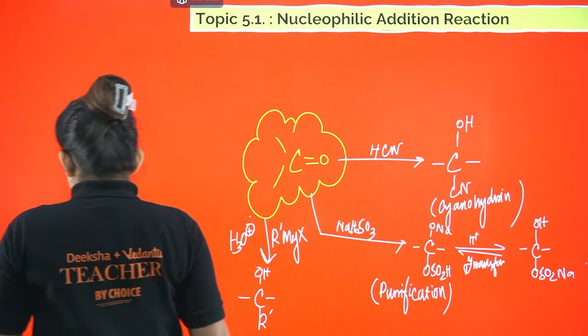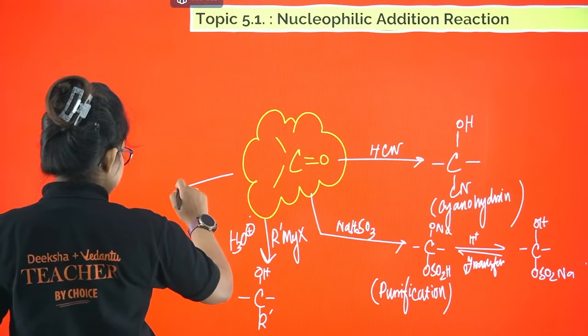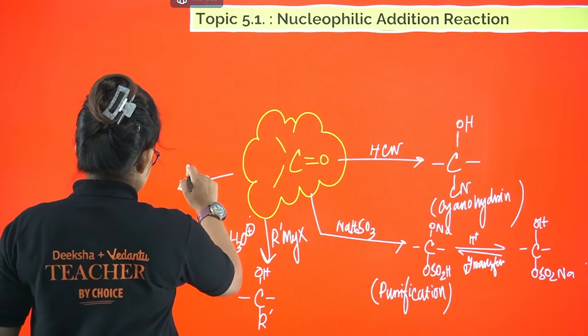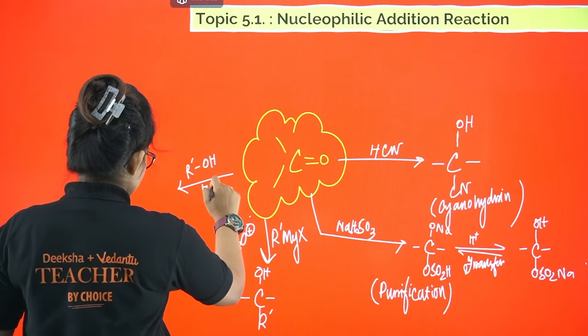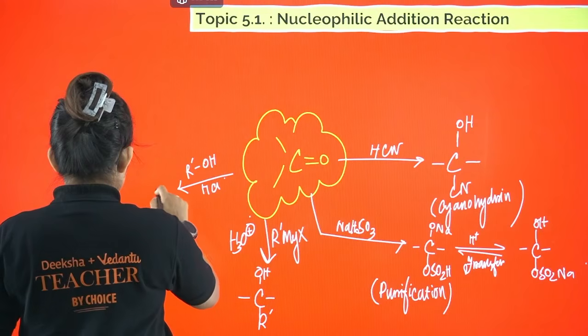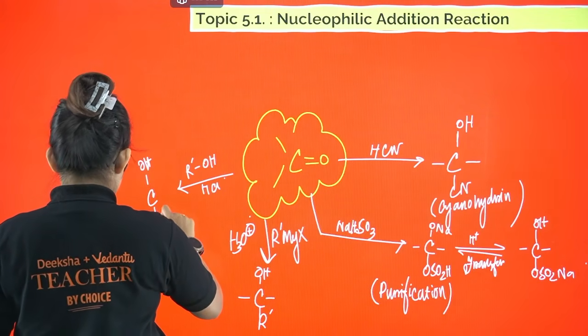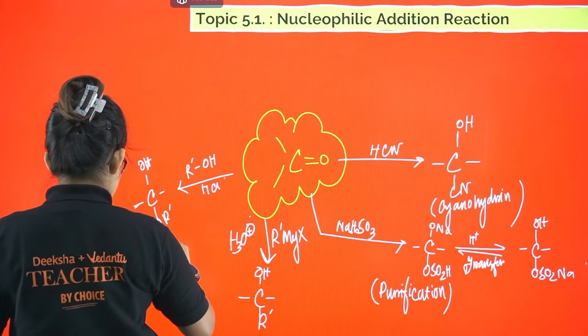Now let's say you are giving some alcohol. This is also an important reaction because here you will get the acetal formation. One time I am giving R prime OH in HCl. So what you will get is C with OH and OR prime. This particular thing is called hemiacetal.